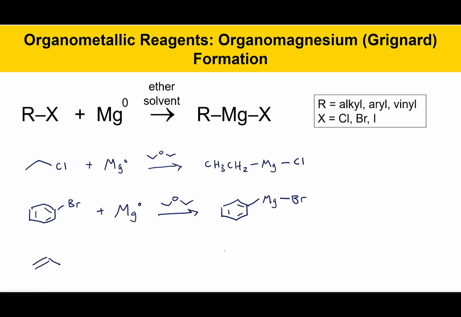In this last example, I'm going to take a vinyl chloride and have it react with magnesium metal in the presence of a slightly different ether solvent. This time I'm going to use tetrahydrofuran, and that's going to produce this vinyl Grignard reagent.